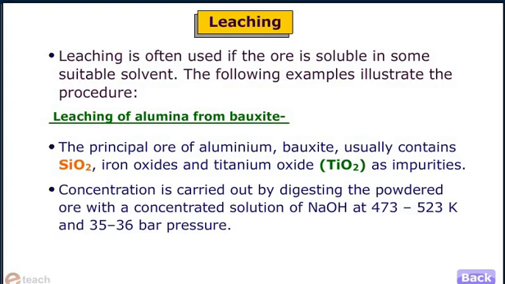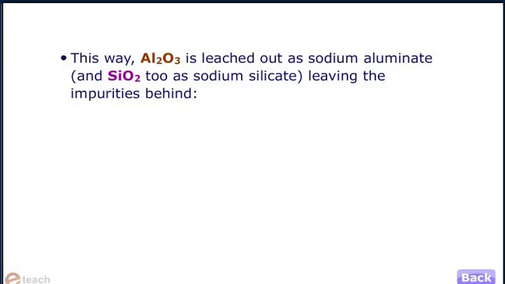Concentration is carried out by digesting the powdered ore with a concentrated solution of NaOH at 473 to 523 Kelvin and 35 to 36 bar pressure. This way, Al2O3 is leached out as sodium aluminate and SiO2 too as sodium silicate, leaving the impurities behind.